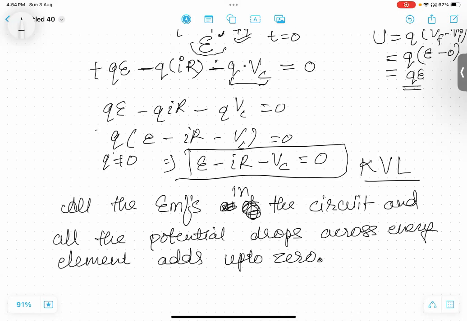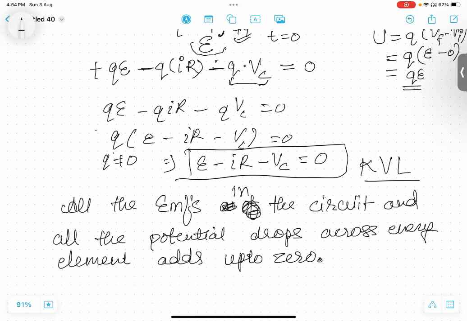I will take some more examples and I will tell you how to apply this Kirchhoff's law. What it is doing is just telling where the charge is gaining energy and where the charge is losing energy. We will do one question and you will have the idea how to apply this law in a very basic manner.